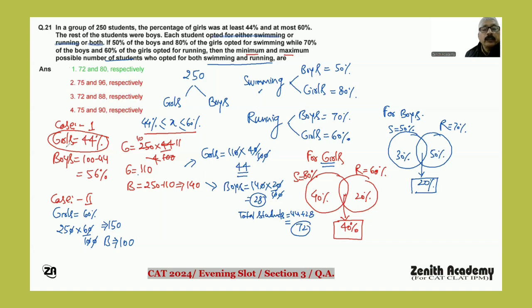This is for case 1. Okay, when you took girls 44%.